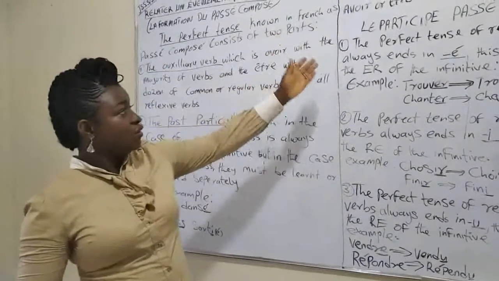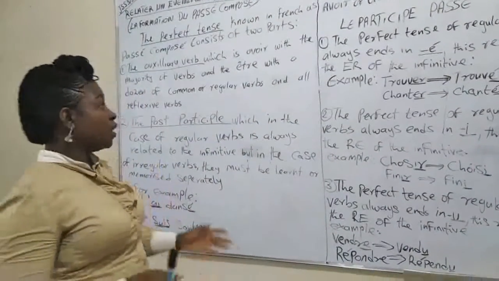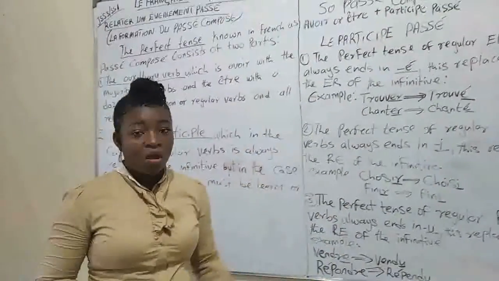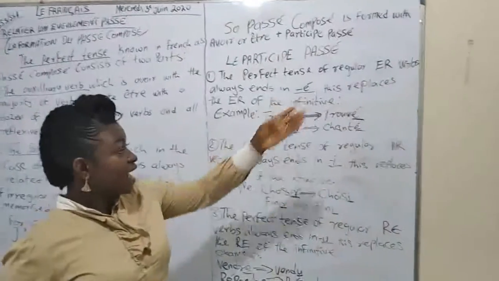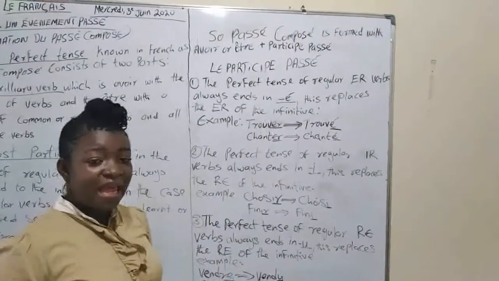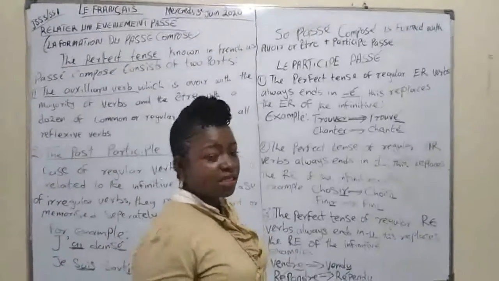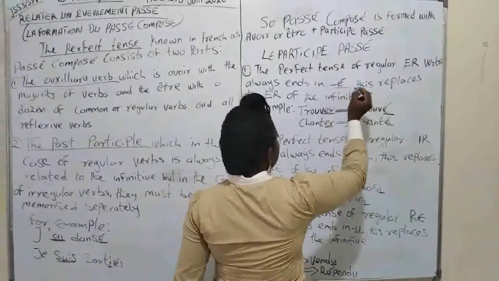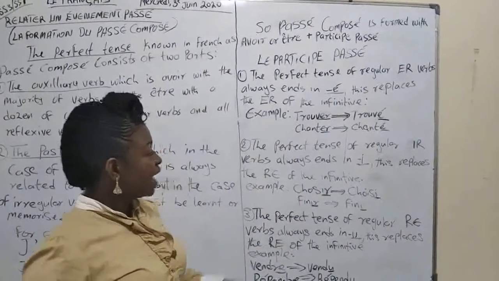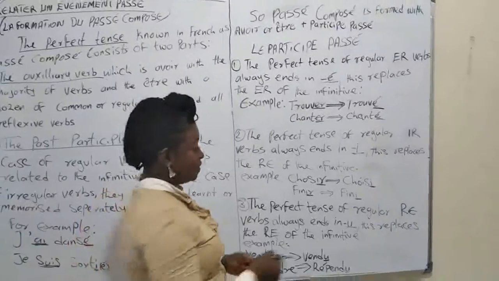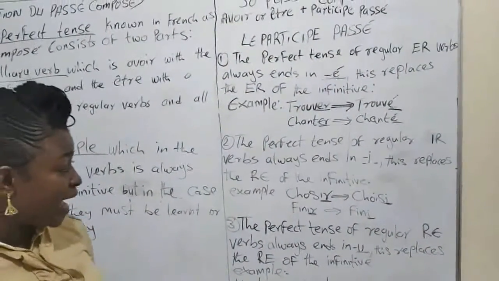So we looked at the auxiliary verbs, which are avoir or être, conjugated in the present tense. We also looked at the participe passé of the three main groups of verbs. I said the participe passé of ER verbs ends in É, like you can see here. And then we have the perfect tense of regular IR verbs to be I. Here, they replace the infinitive, which is IR.